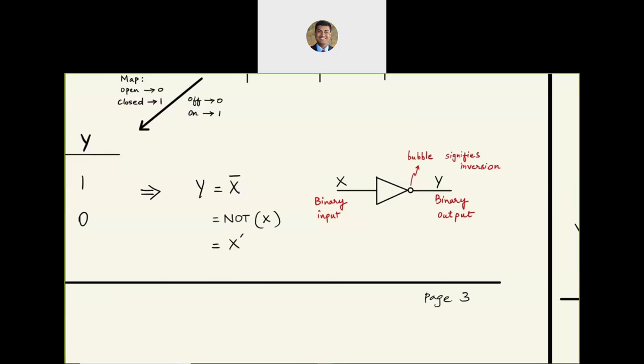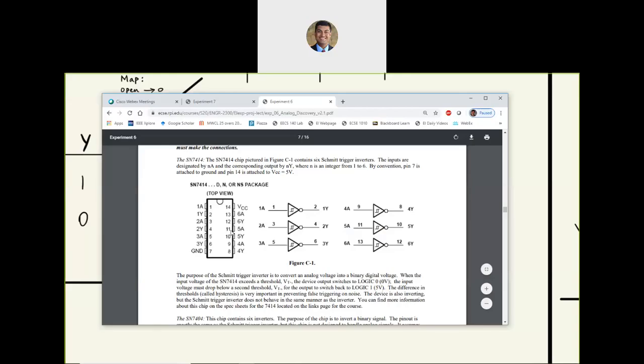So what happens if we need more than one? Well, we are going to try to pack a lot of NOT gates into one IC in that case. So if you can see figure C-1 on experiment 6, this particular chip has 6 inverters in one chip.